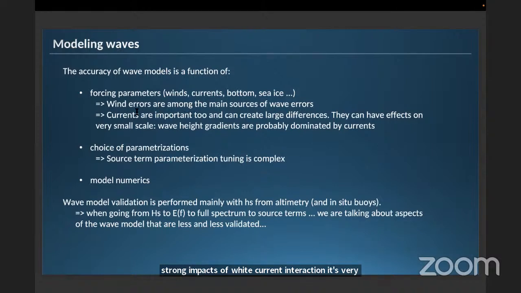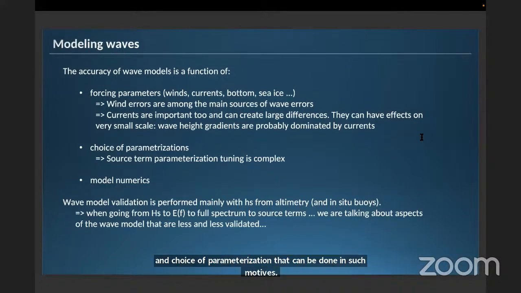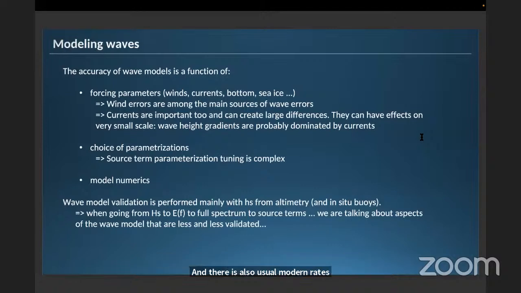But basically, the biggest source of error in forcing is generally associated with wind. And there is also a complex tuning and choice of parametrization that can be done in such models. And there are also the usual model numerics uncertainties, so the order of the numerical schemes, etc.